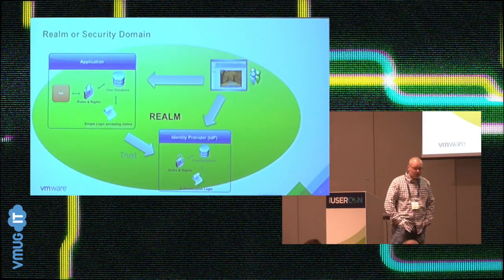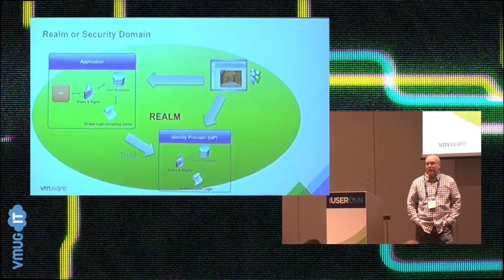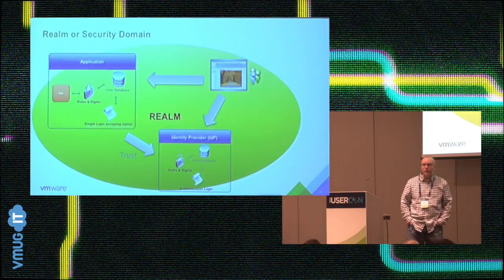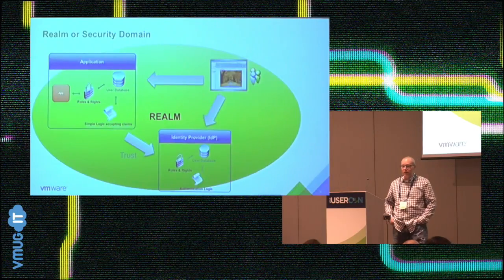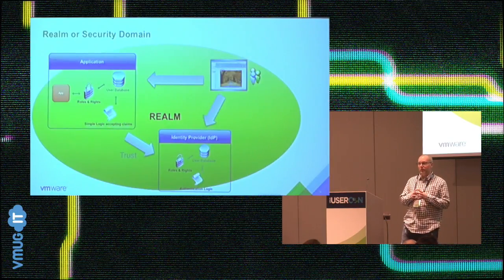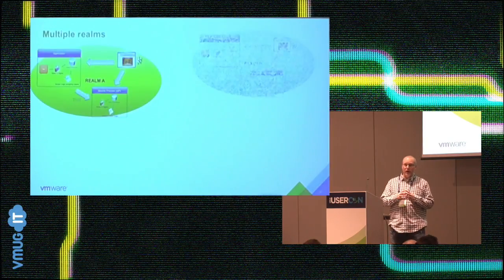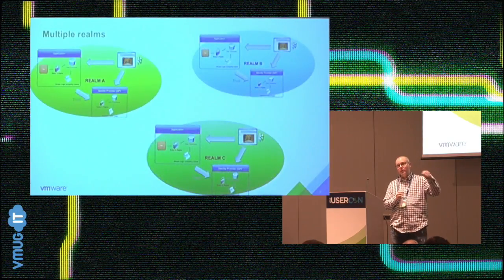Often when we talk about access and access management, we talk about something referred to as the realm or the security domain. So this is within your company, for example. All your clients trust your identity provider, and your application trusts this identity provider.